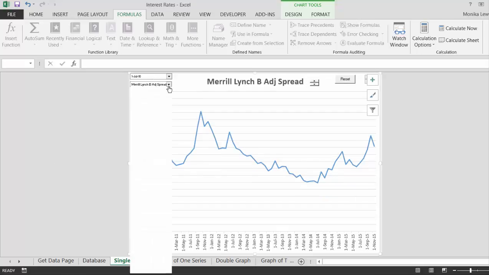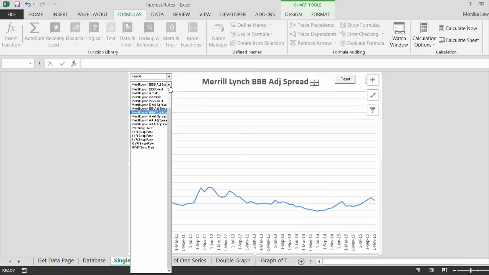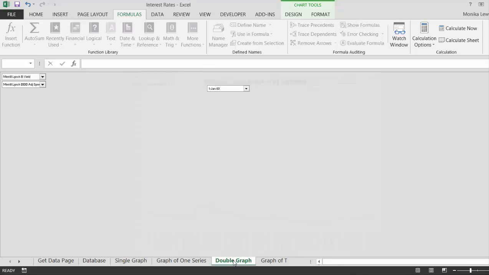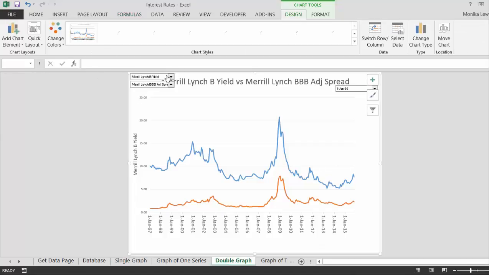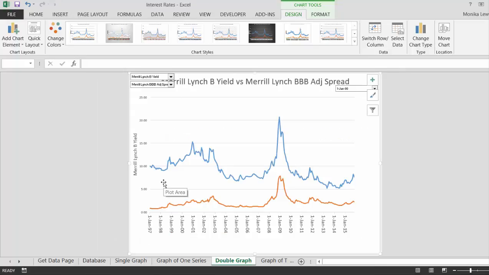I'm sorry, triple B credit spread down there at 2%, and triple A credit spread down there at 1%. So you can look at all those, and if we want to make a double graph, here's the single B versus the triple B interest spreads, much higher. Of course, they went way up during the financial crisis.